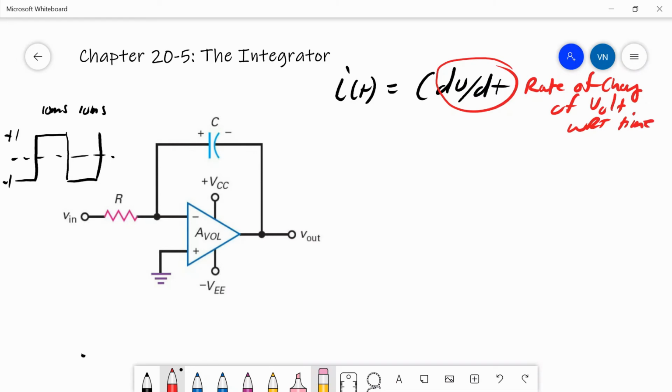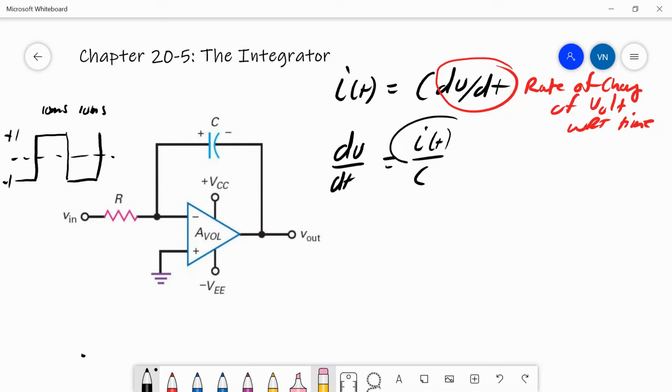So that's the rise and fall rate of the voltage, and that's what I want to look for. So I'm going to put dV/dt out front and say that dV/dt is equal to the current going into the capacitor divided by its capacitance. That's how fast the voltage will change.